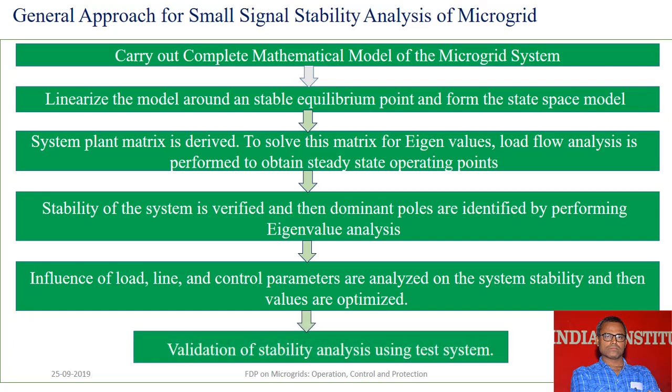Then validation of the stability analysis using the test system is essential, in order to test how it is working, right? So these are the general approach for small signal stability in the microgrid. Through these approaches, anybody can do the analysis. And after that we need to implement some controllers.